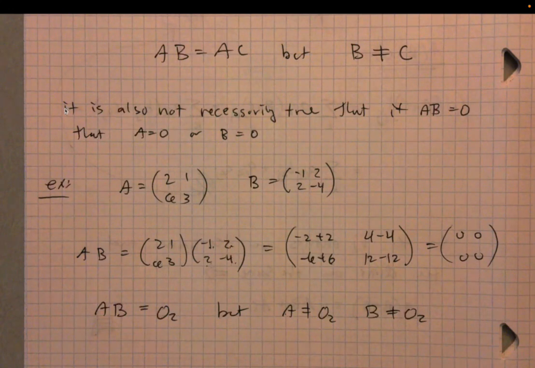All right, so that's another one that we can't take for granted. We have to be careful when we're reasoning about matrix multiplication to not abuse the idea of the cancellation law or of the zero product law. Okay, all right, very good.